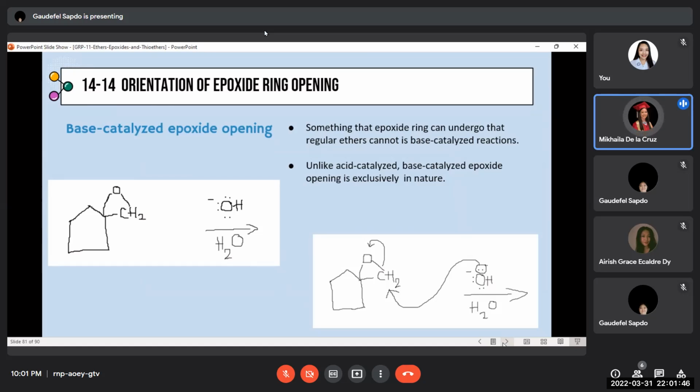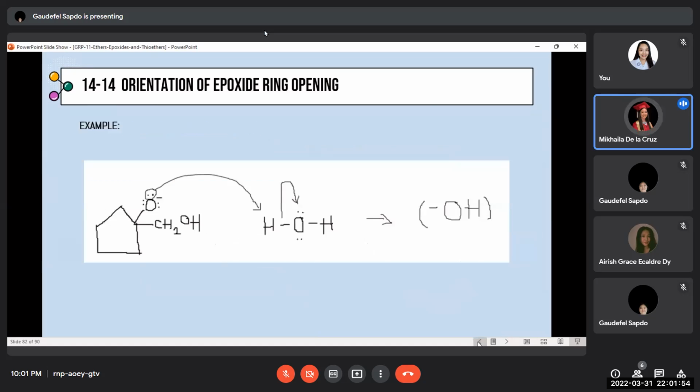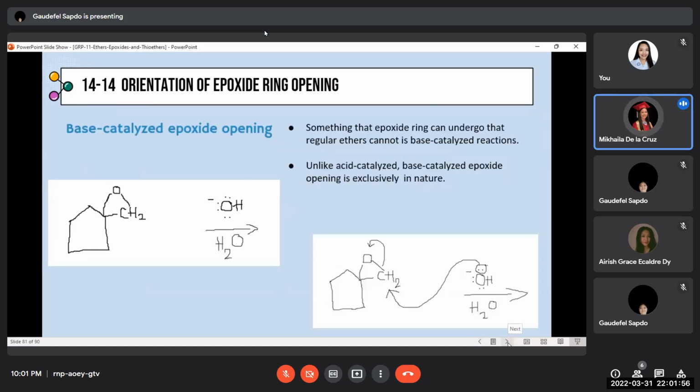So for the example here, let's focus first on the left side of the picture. As you can see, our structure reacts with a base, hydroxide, which is on top, and water below. On the right side of the picture, one lone pair of the hydroxide will act as a nucleophile and will attack the less hindered position, which is the CH2, because that is our primary carbon.